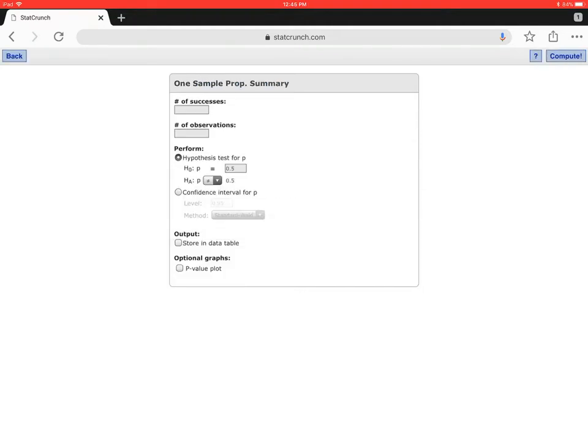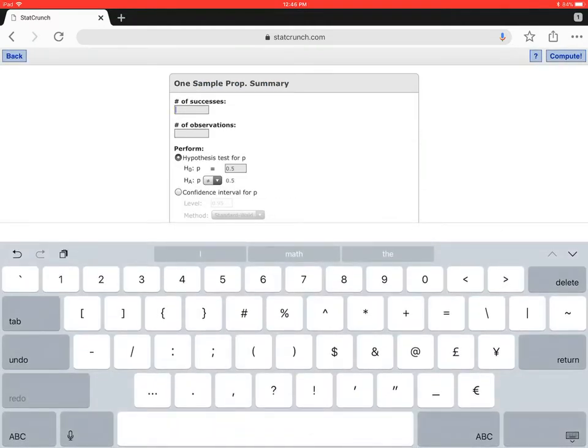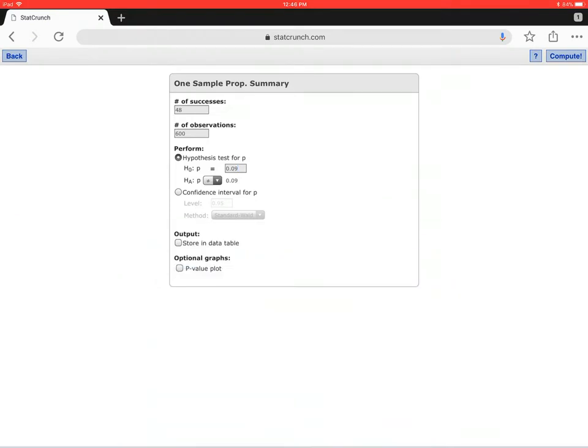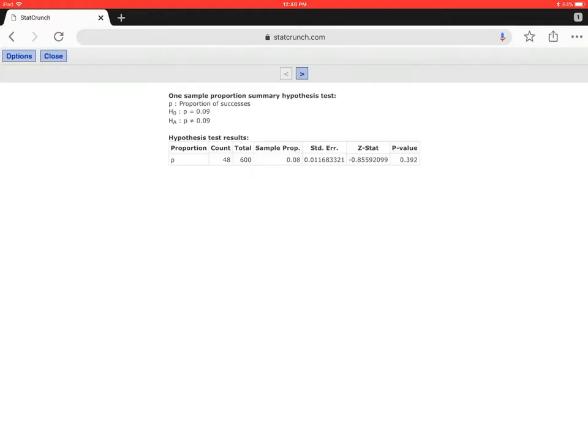Close. Let's go back out and start again. We're going to go again with one sample and a summary. There were 48 T's out of 600 letters. Hypothesis was that it was 0.09 or that it was not 0.09, so everything is good there.